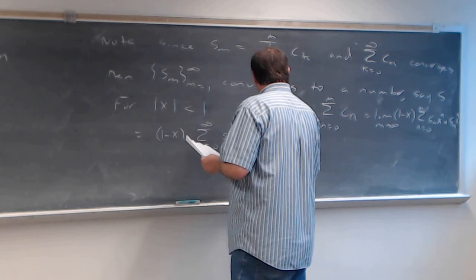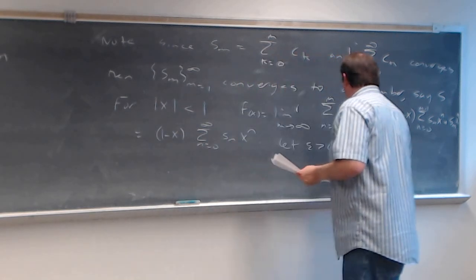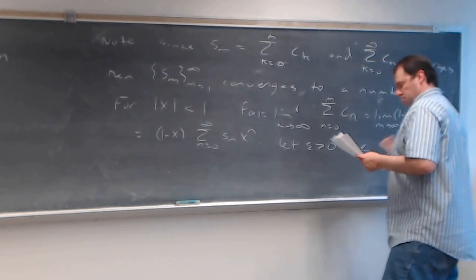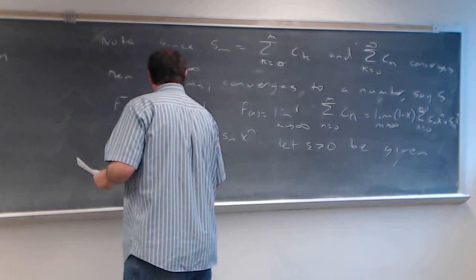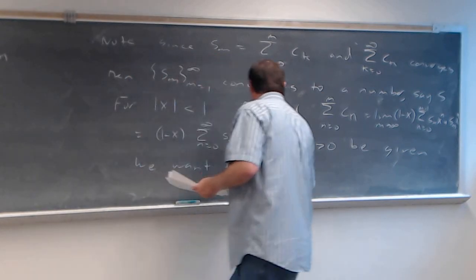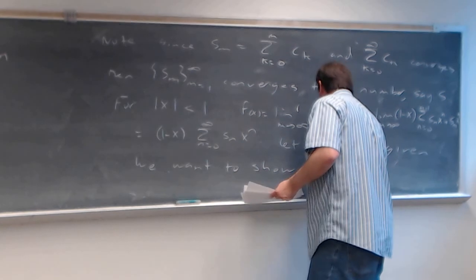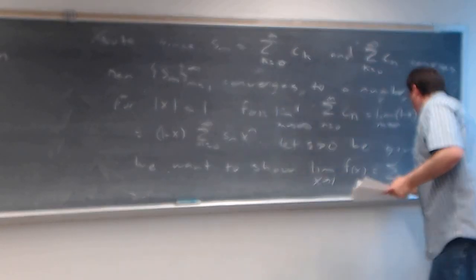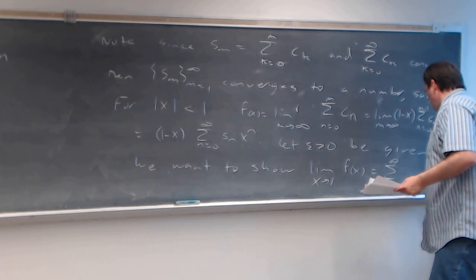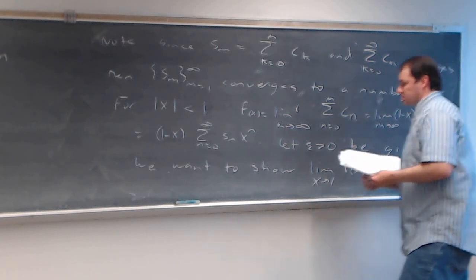Okay. Now we let epsilon be greater than 0 be given. We want to show that the limit as x goes to 1 of f of x is equal to this sum as n runs from 0 to infinity of the c sub n. So that's what we wanted to show.